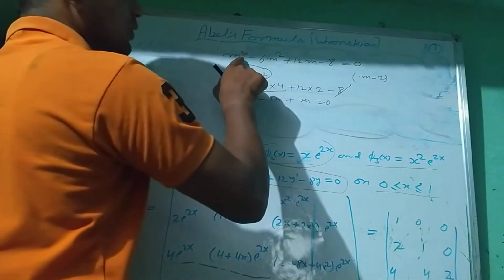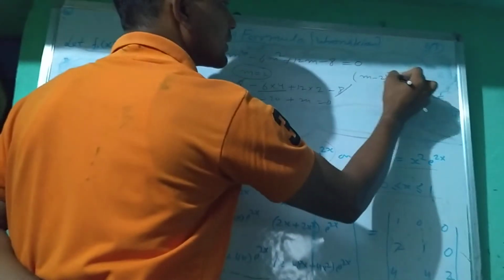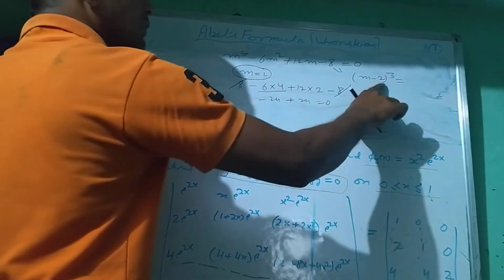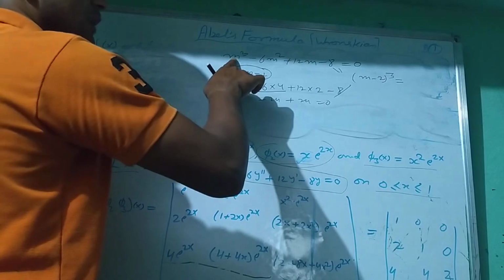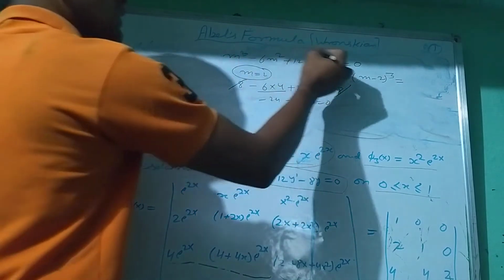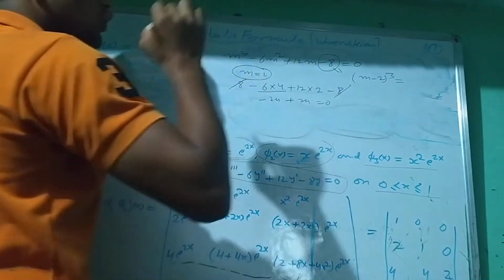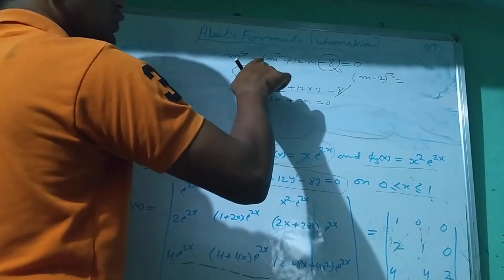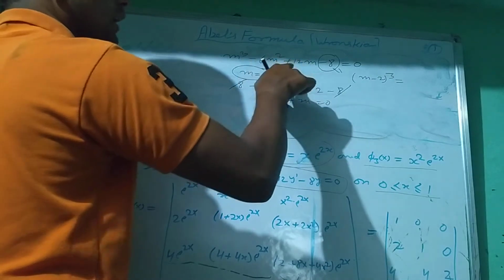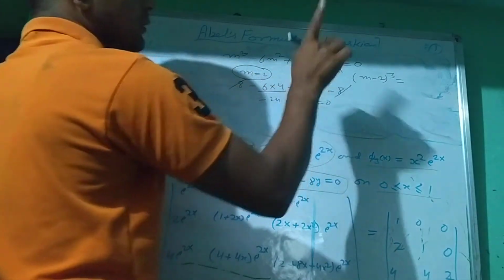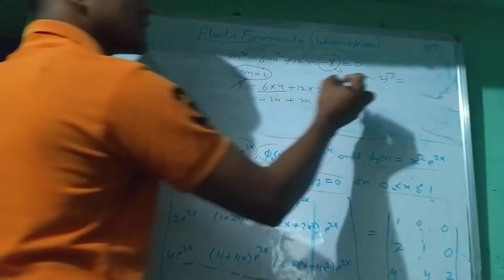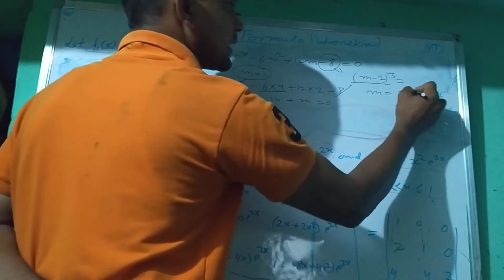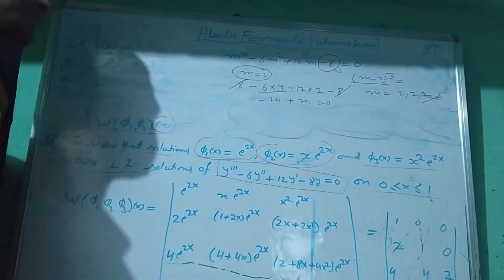In this example, this is the expansion of m minus 2 to the power 3: m cube minus 2 cube, plus minus 3ab square and plus 3a square b. So this is the root of this equation, and we have three equal roots of this equation.